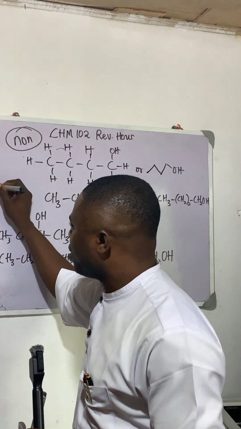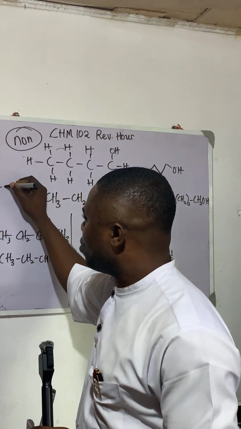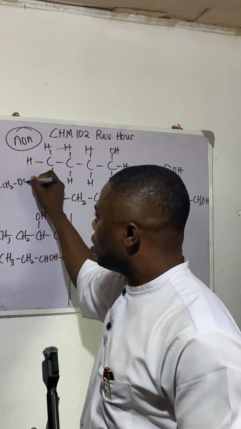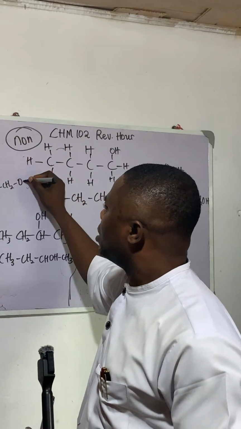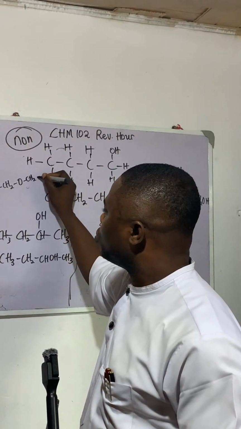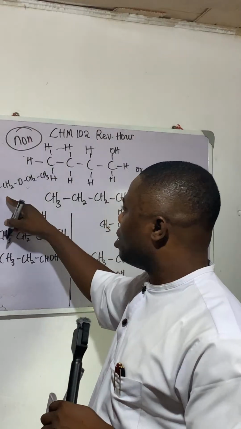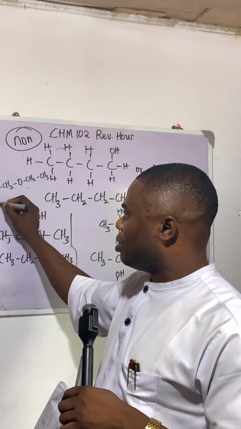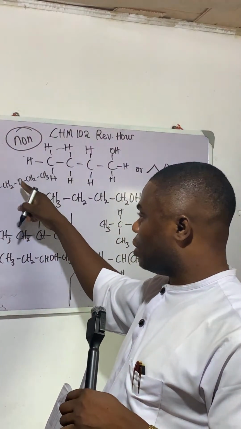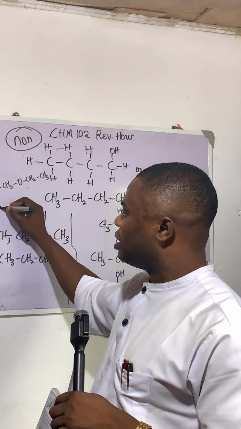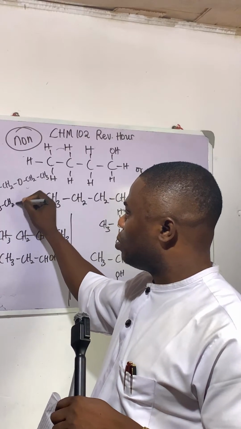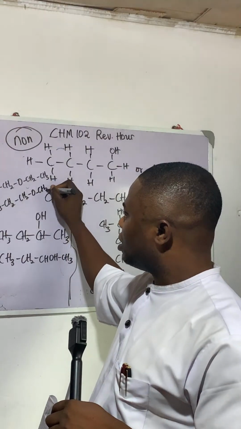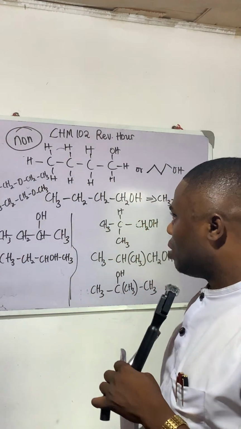If you talk about the ether part of it, it becomes CH3, CH2, O, then CH2CH3. This one is what we call ethoxyethane, or diethyl ether. This one becomes CH3, CH2, CH2O, and CH3.